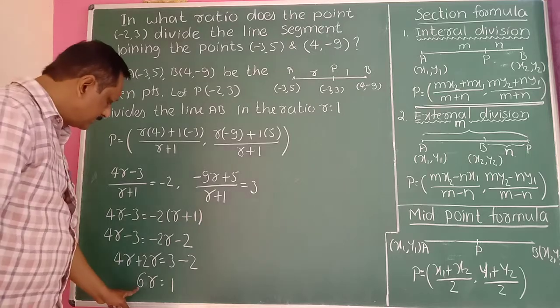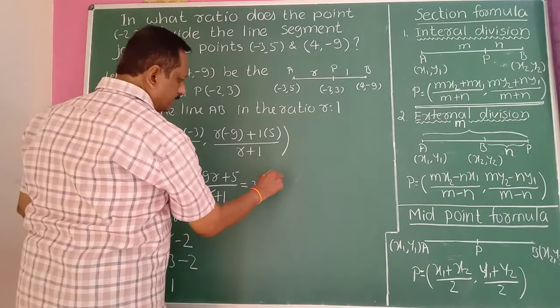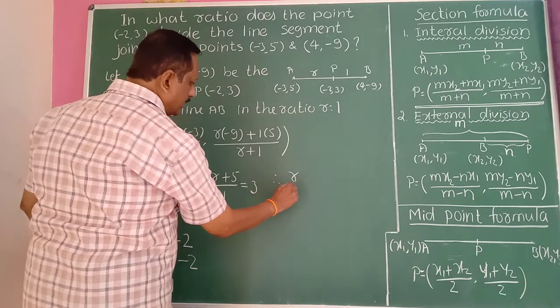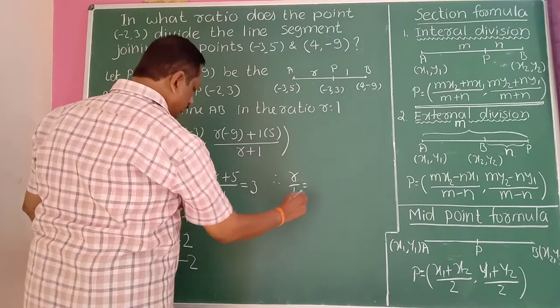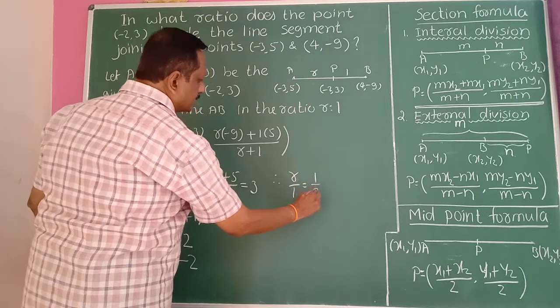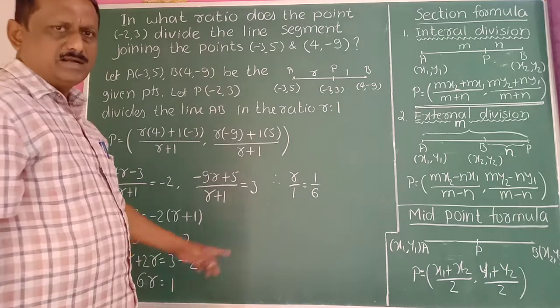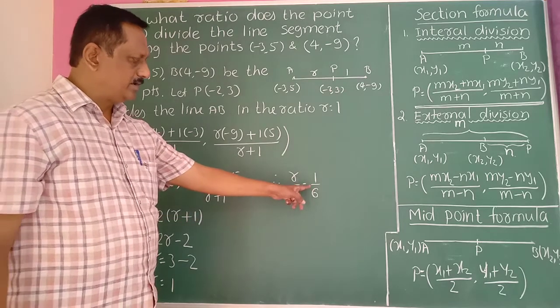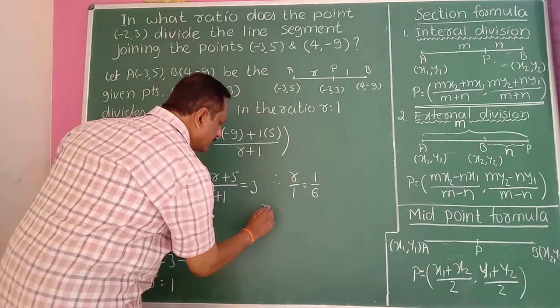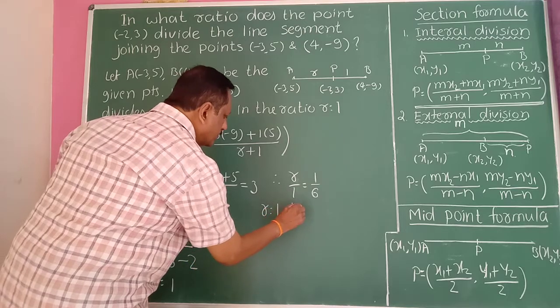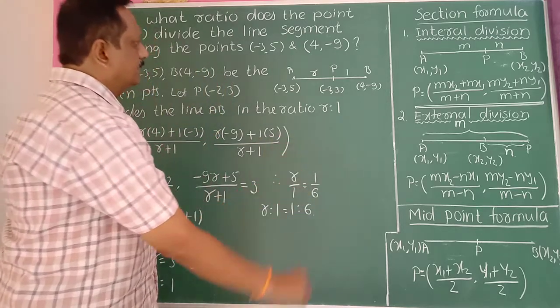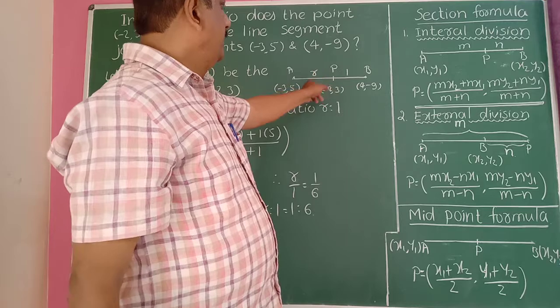Therefore take 6 to the right hand side. Therefore you can write r upon 1 is equal to 1 upon 6. And it is a positive quantity. r upon 1 is a positive quantity. Therefore r into 1 is equal to 1 into 6, which means P divides AB internally.